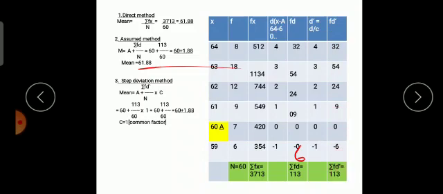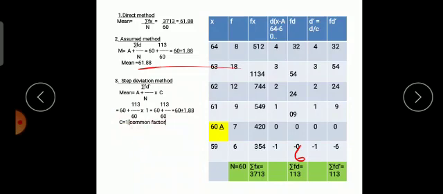The formula is given here, put the values in the formula, that is assumed mean 60 plus fd dash 113 divided by n, 60, into class width 1. Then when you solve the formula, you are again getting 60 plus 1.88, and here c is 1, the common factor.